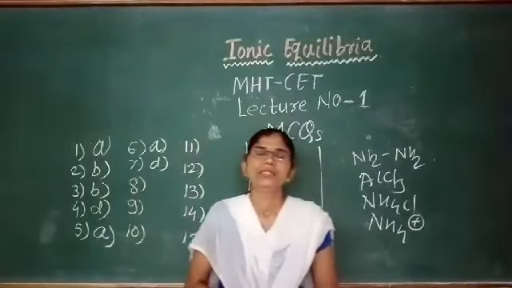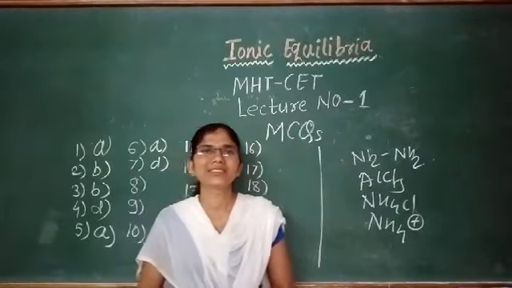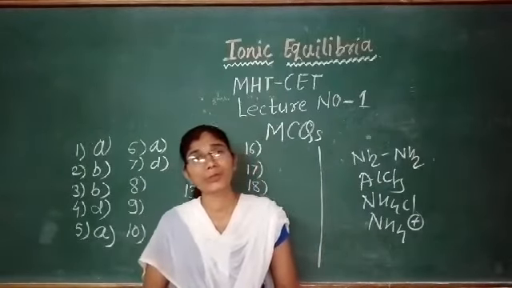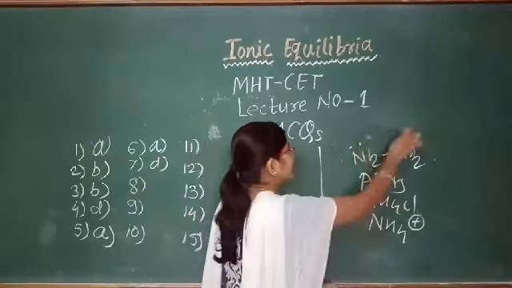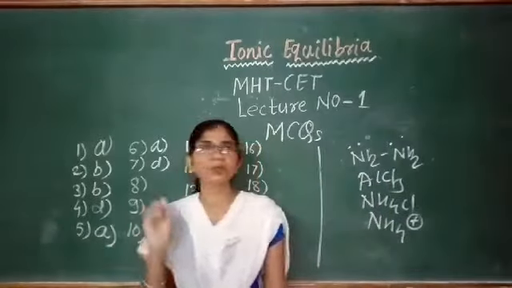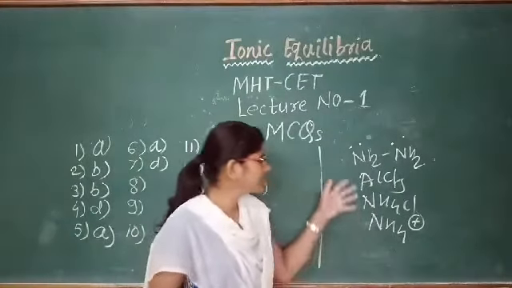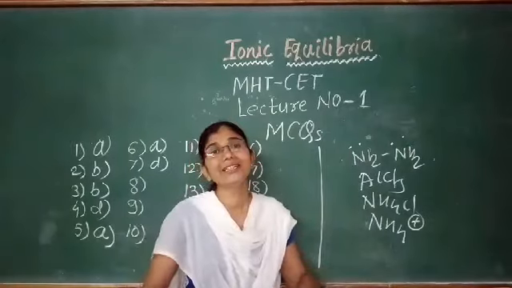As we know, Lewis bases are electron pair donors, and in hydrazine, nitrogen has a lone pair. In all the other three, they do not contain a lone pair.